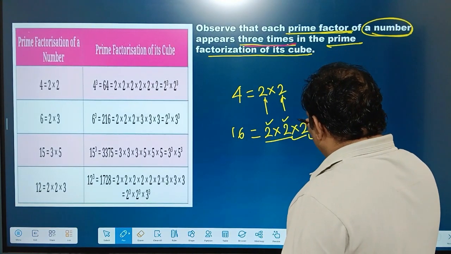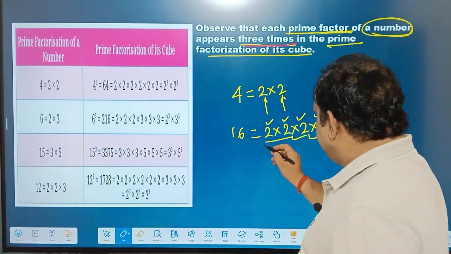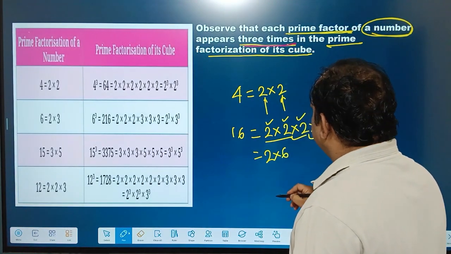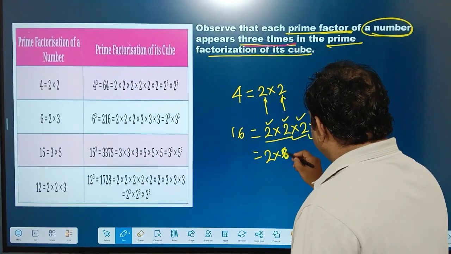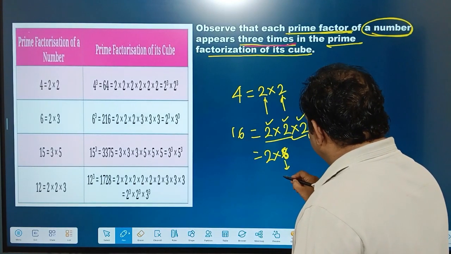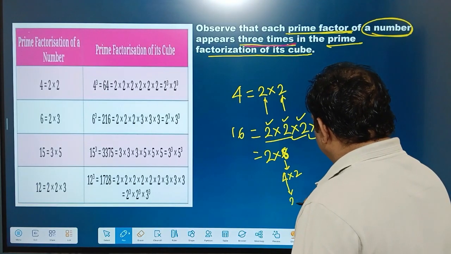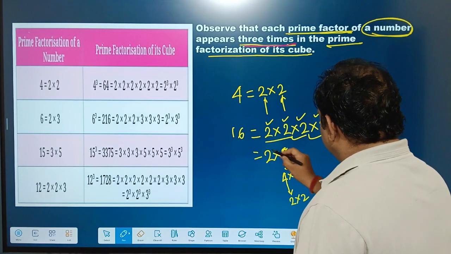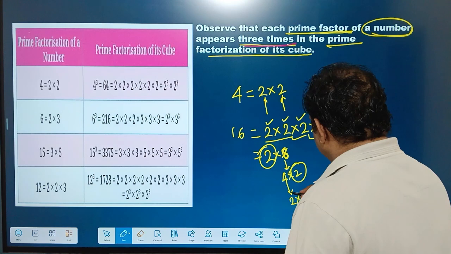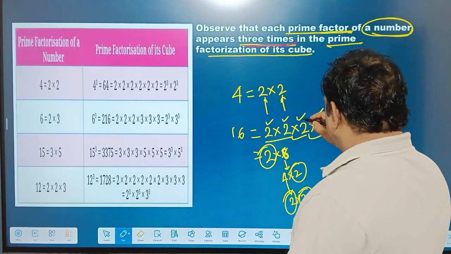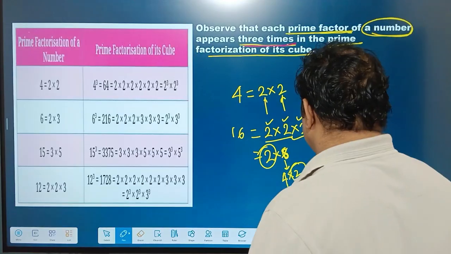But the factors are all prime, right? We can write it this way also, 2 into 8. But again, we have to break the 8. 8 is 4 into 2. Then again we have to break the 4. It is 2 into 2. So altogether 1, 2, 3, 4 twos. And twos, we know, are prime numbers.